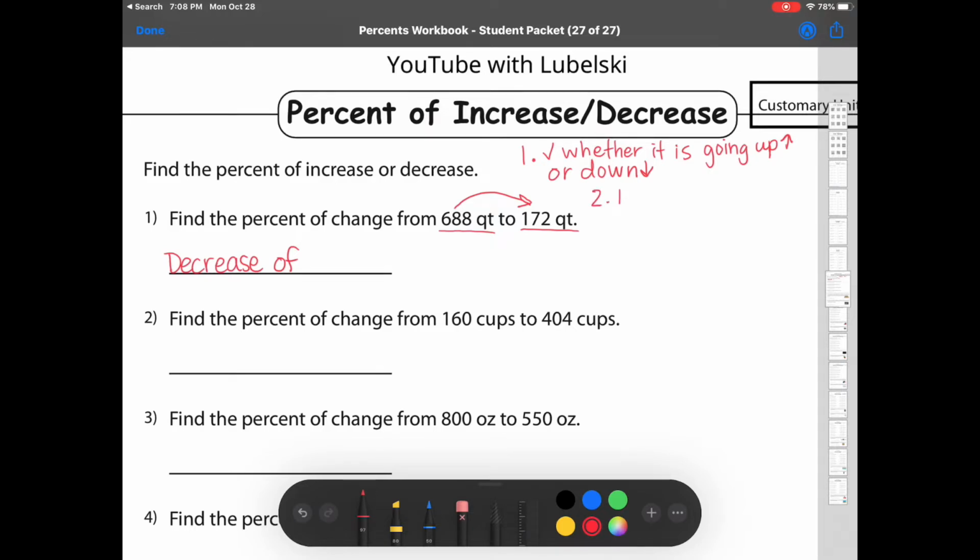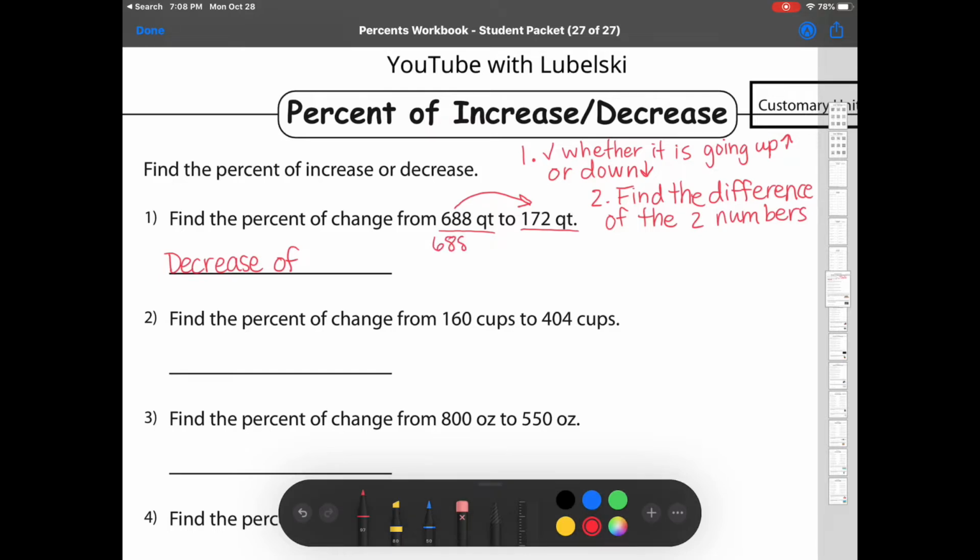So the next thing we do, step two, find the difference of the two numbers. Now, difference means subtraction. So even though sometimes you're going to be increasing, you still have to subtract the two numbers.